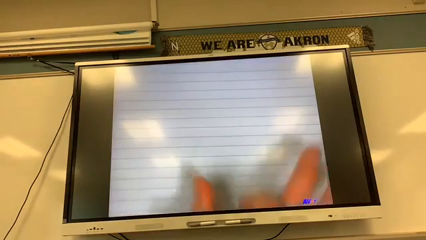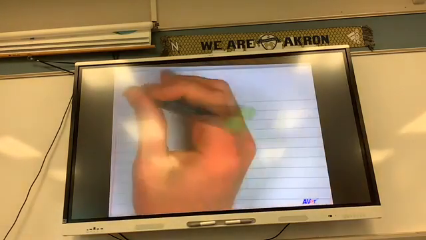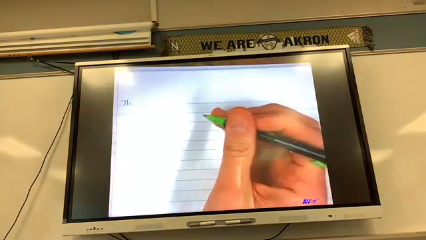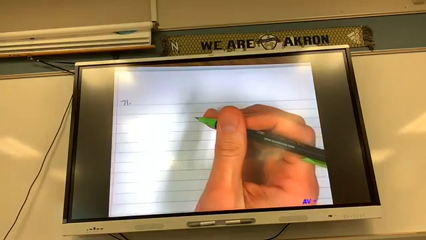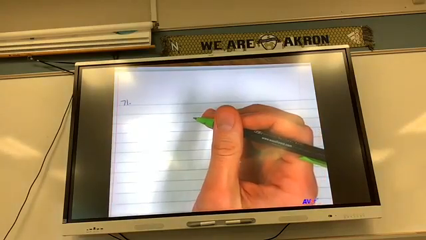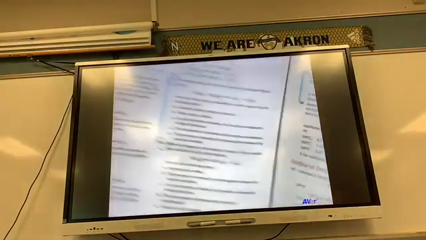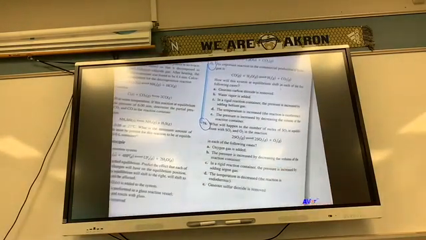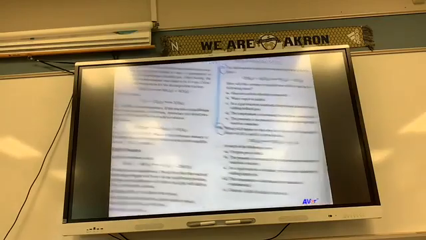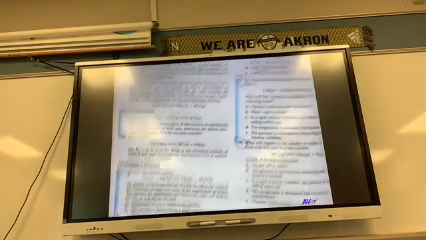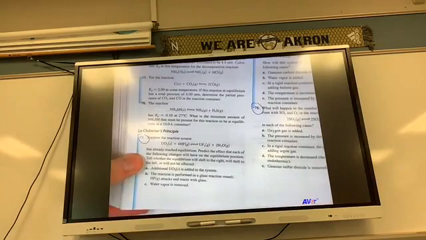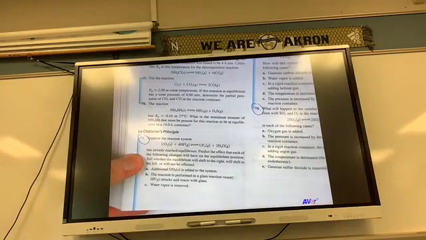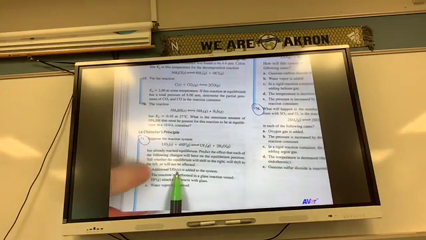So 71. Predict the effect each of the following will have on the equilibrium. So I might just do this one in my book. So 71. Let's see. Don't know if I can even get it there. There we go. So on this first one, additional UO2 is added.